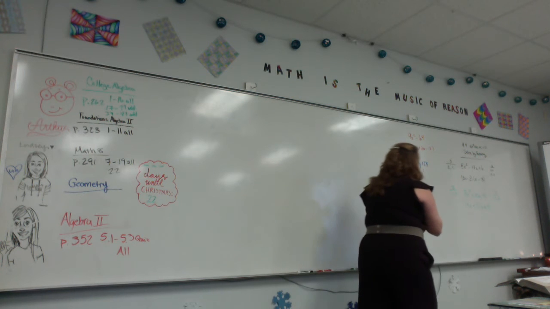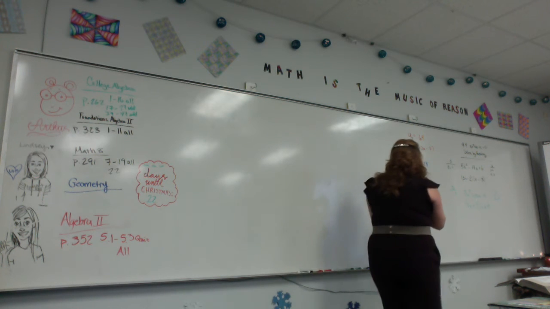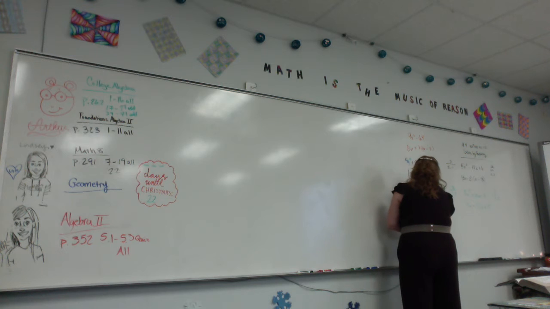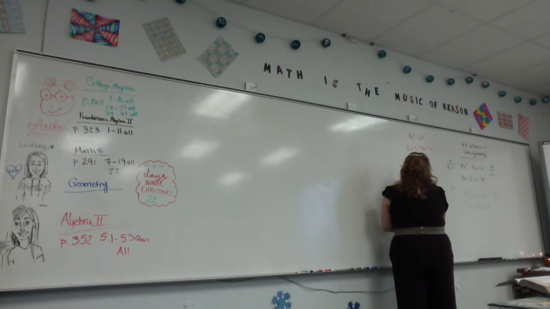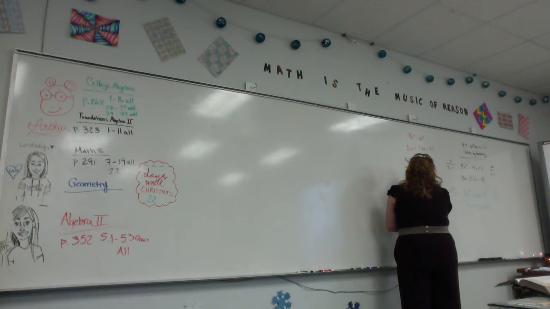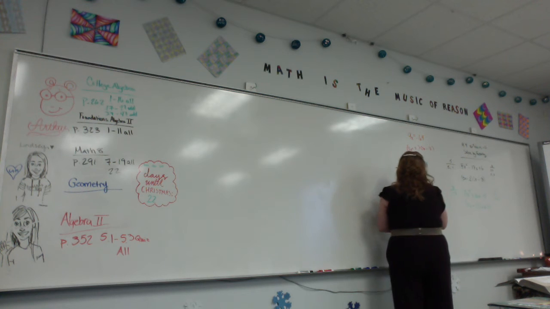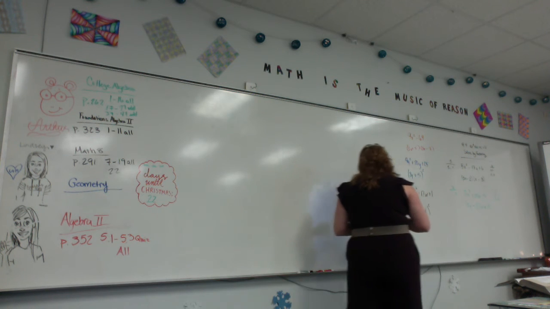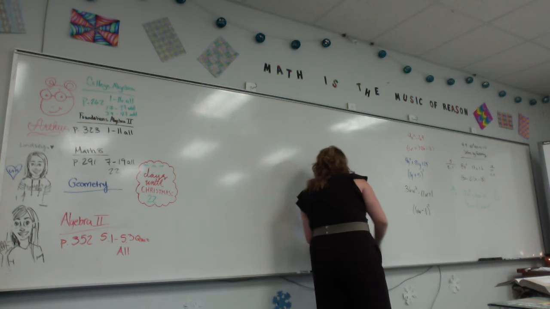It is, because 1's a perfect square. We can't forget that. So, what goes inside my parentheses? 6w. What sign? Minus. Minus, and then a 1. Okay, all of those were special case ones. Let's do more.